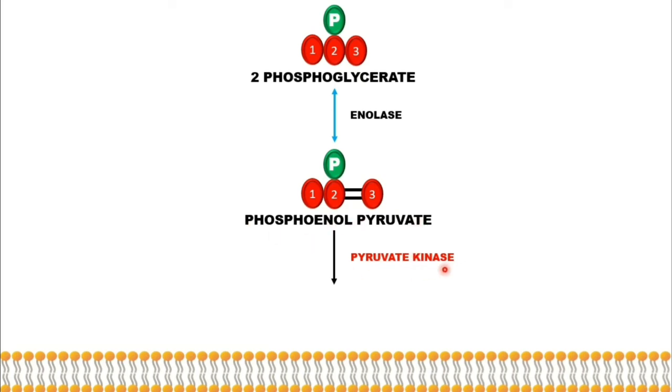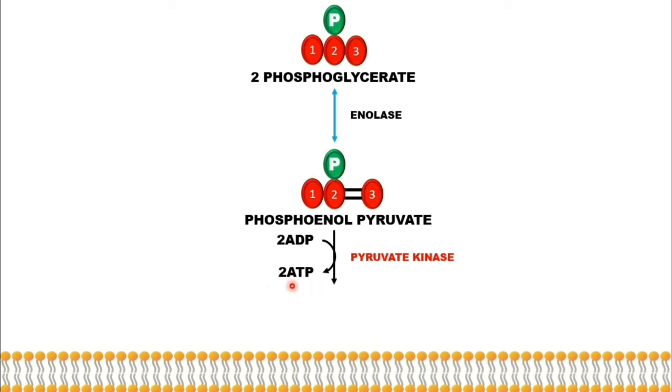Remember that any enzyme with the name kinase will add phosphate. So pyruvate kinase will take the phosphate present in phosphoenol pyruvate and add it to ADP. So ADP plus phosphate becomes ATP, and now we produce 2 ATP.